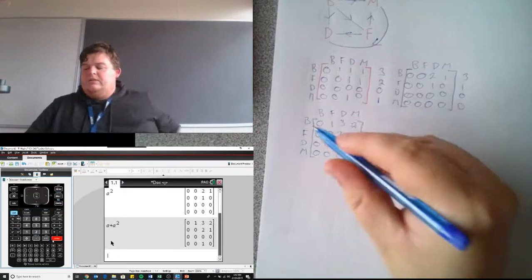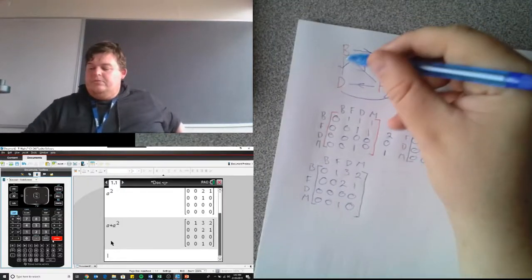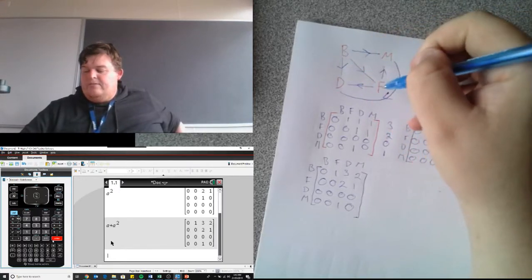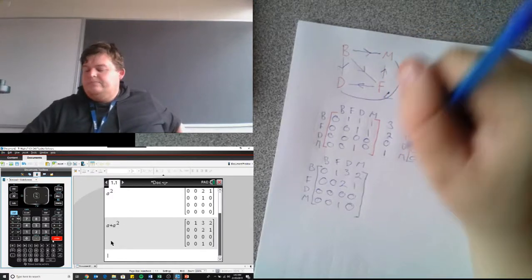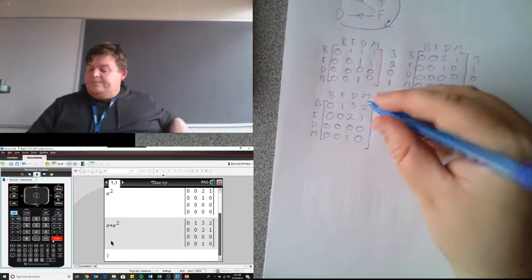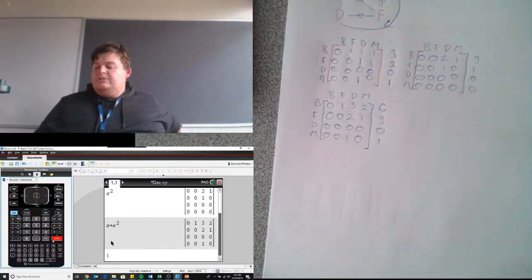So in this example, Bill's dominant over David in 3 different ways: directly, by beating Meg, who beat David, and by beating Feng, who beat David. Those are his 3 ways. You can say by adding up the rows again that he is the most dominant player as well. So that's how dominance works. Just a quick example.